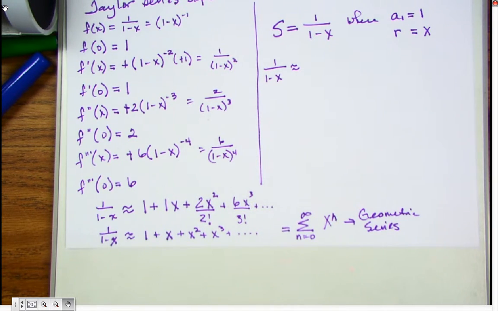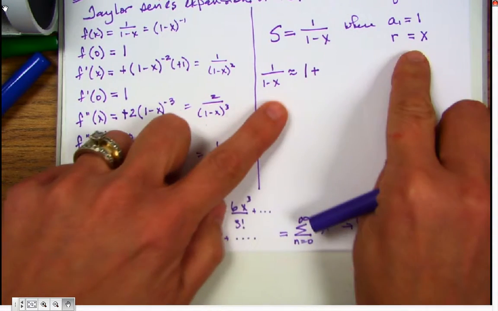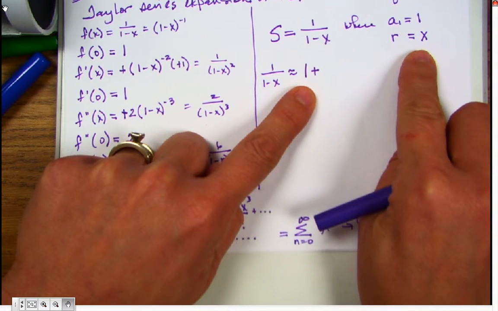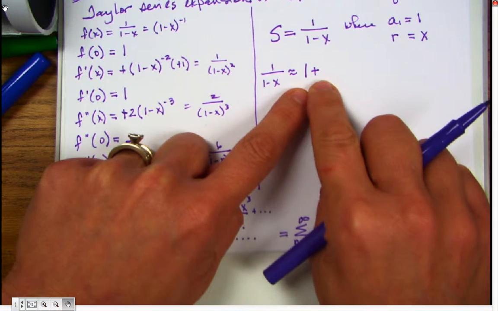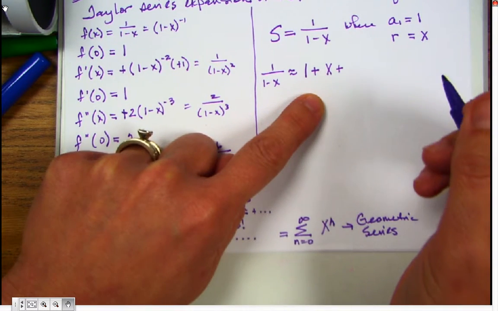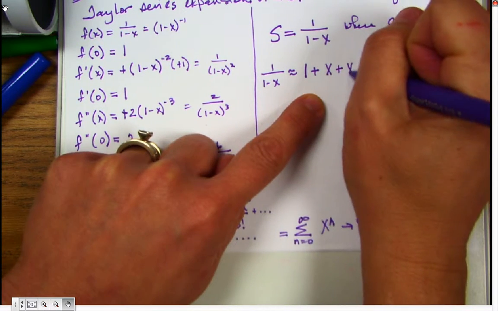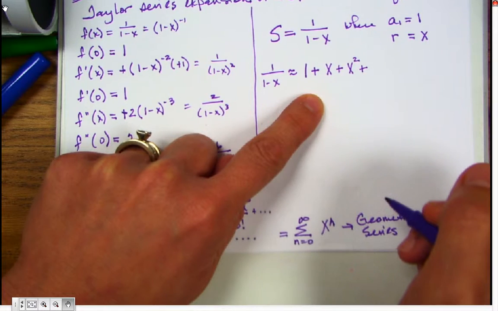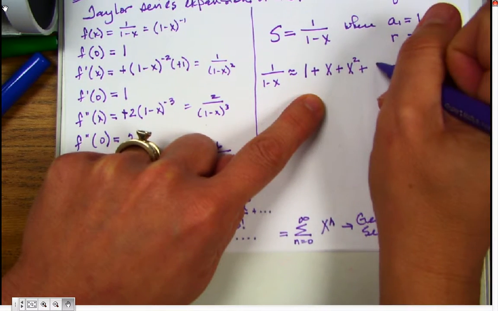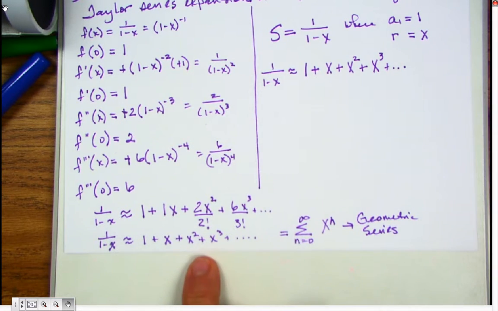You multiply by the common ratio, right? So what's the first term? 1 plus, how do I get the second term? I multiply by x. 1 times x is x. How do I get the next term? I multiply x by x to give me x squared. How do I get the next term? Multiply by x.